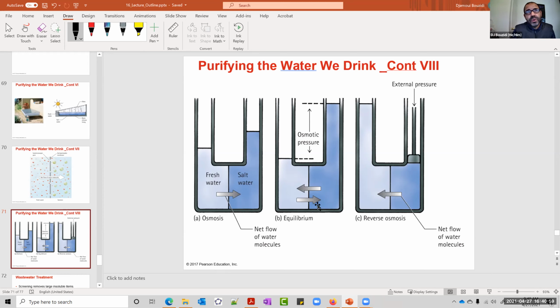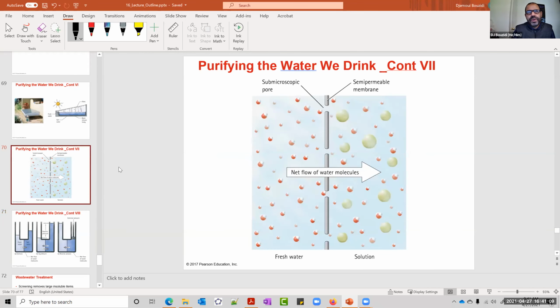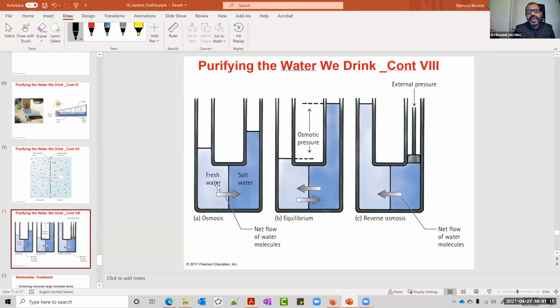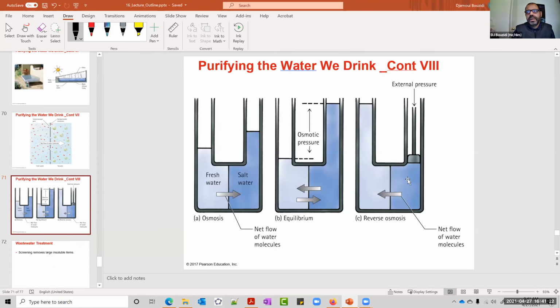So what you do in this case, if you want to reverse the process, you have to apply an external pressure. You have to actually do work in here to push the water, the same water, in the opposite direction. And now you end up with more fresh water than what you started with, okay? And then you can continue with the process again and again until basically you take more of this.